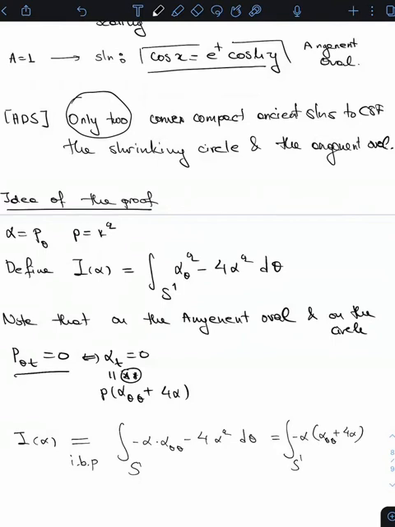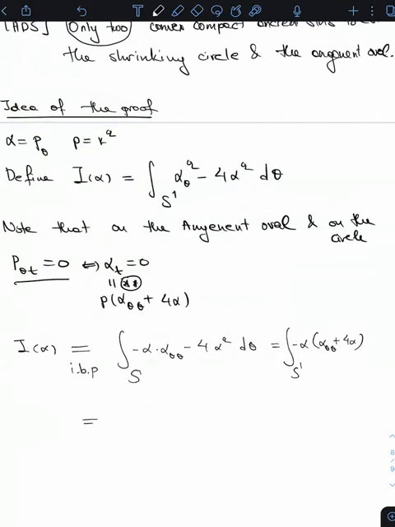So this is equal to 0 on the angular oval and on the circle.